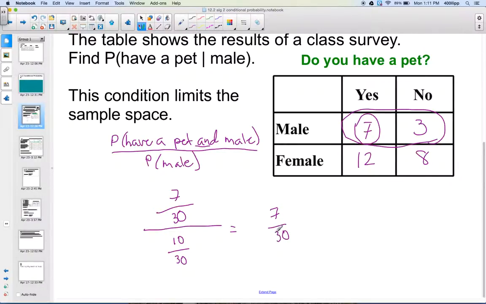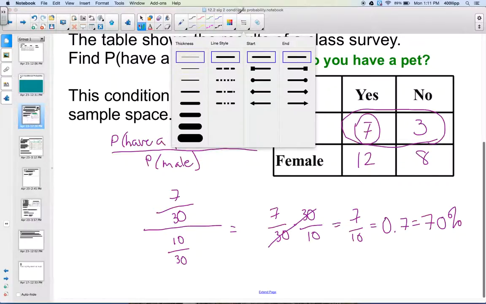So I have 7 over 30, and instead of dividing, I multiply by the reciprocal of 10 over 30, which is 30 over 10. The 30s cancel out, and we get 7 over 10, which is 0.7 or 70%.